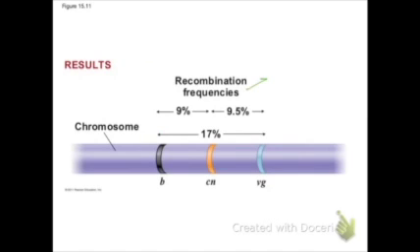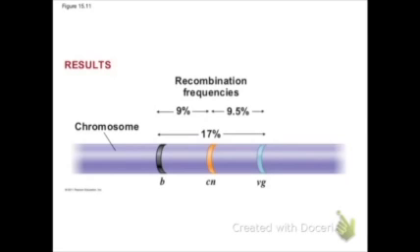These recombination frequencies are used to make a linkage map for one specific chromosome. Genes are then arranged on the chromosome in the order that best fits the data.